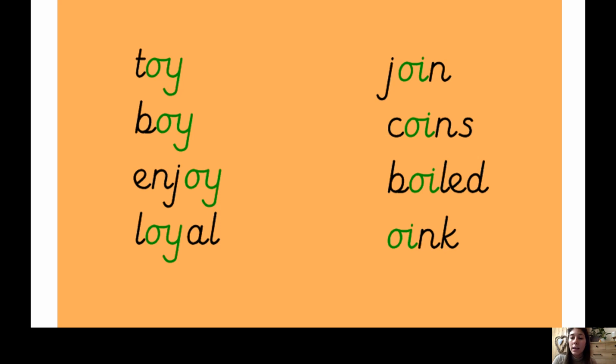And then on the right-hand side, I've put the words that have the OI spelling the oi phoneme. Words like join, coins, boiled, oink. Well done for sound talking those with me if you joined in.